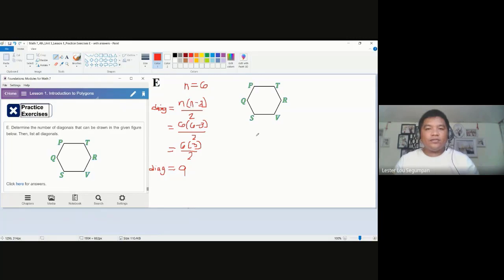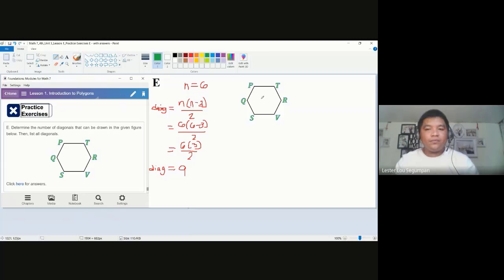And what are those diagonals? Let us draw them one by one, and check if there are really 9 diagonals here. To draw a diagonal, again, simply pick a vertex. Let us use point P, as it is the first letter in the alphabet.